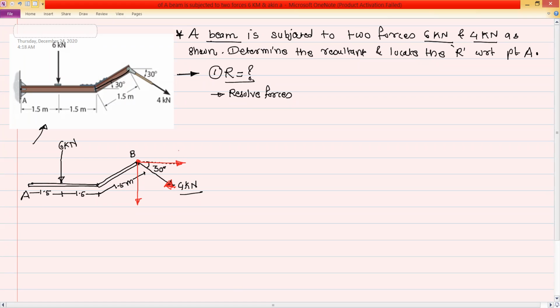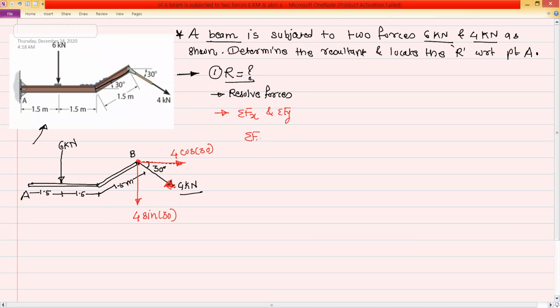Okay. And we use adjacent as cos. So this value will be 4 cos 30 degree. And this value will be 4 sin 30 degree. Okay. So this is the resolution. Now next step is we have to take summation Fx and summation Fy.